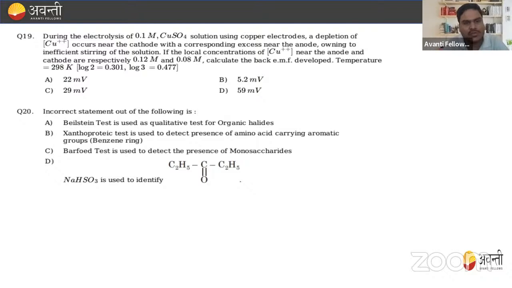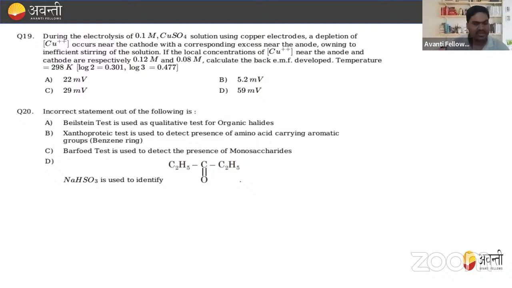During the electrolysis of 0.1 molar copper sulfate solution using a copper electrode, a depletion of Cu2+ occurs near the cathode with the corresponding excess near the anode. Owing to inefficient stirring of the solution, if the local concentrations of Cu2+ near the anode and cathode are respectively this, calculate the back EMF developed at temperature 298 Kelvin, where the log 2 and log 3 values are already given.